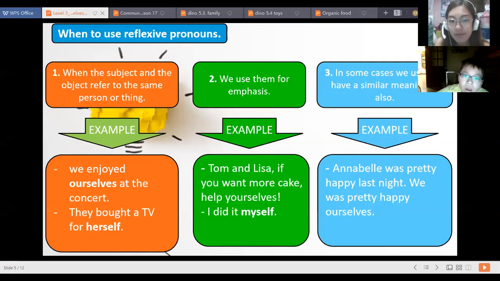Okay, can you read number three? I don't see your slide. Oh, you don't see? Wait for a while.